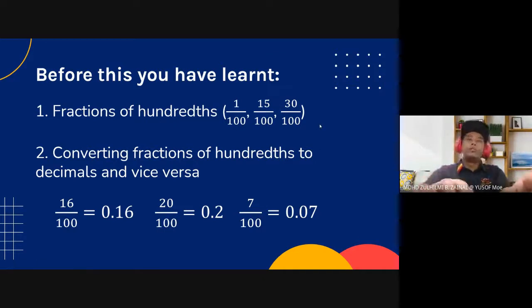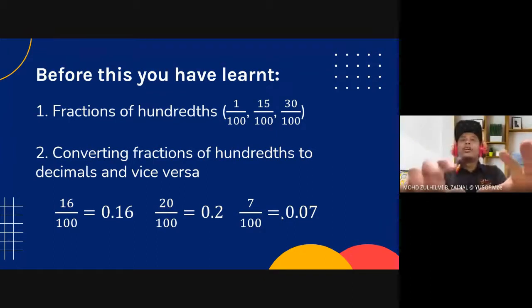Boleh faham tak? So we don't call it 1 over 100 or 15 over 100. We call it 1 of hundredths, 15 of hundredths, 30 of hundredths.